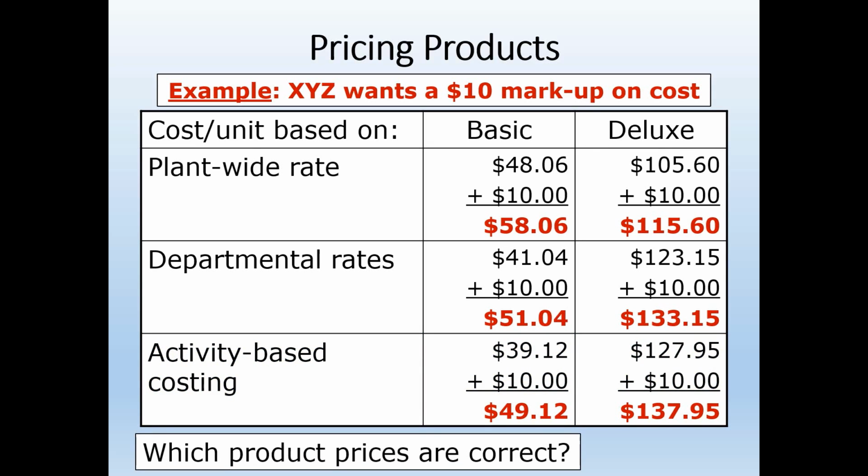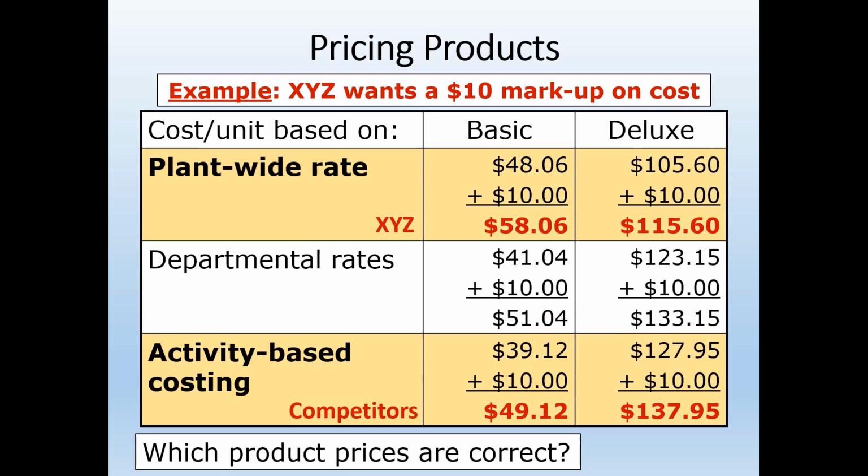But which of these product prices are correct? Let's say that XYZ chose to use the single plant-wide rate, whereas its competitors, who know a little bit more about managerial accounting, chose to use activity-based costing.